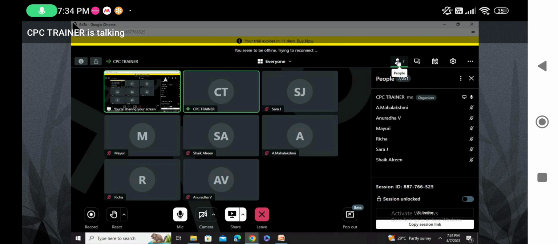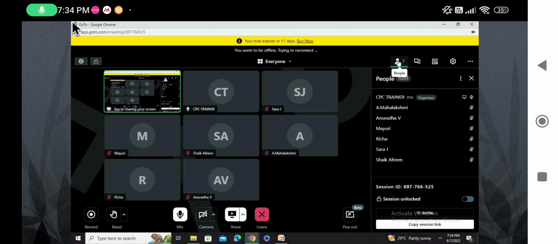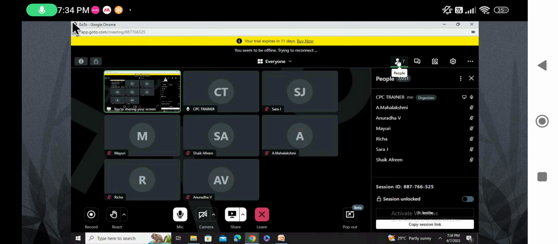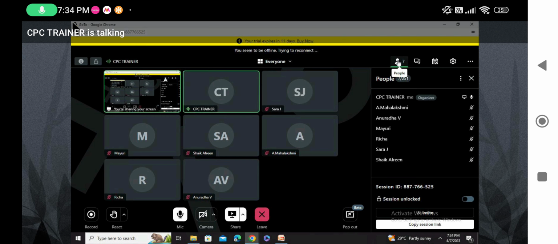Again I repeat: 93451 is for right heart catheterization, 93452 is for left heart catheterization, and the third one, 93453, is for combined right and left heart catheterization.